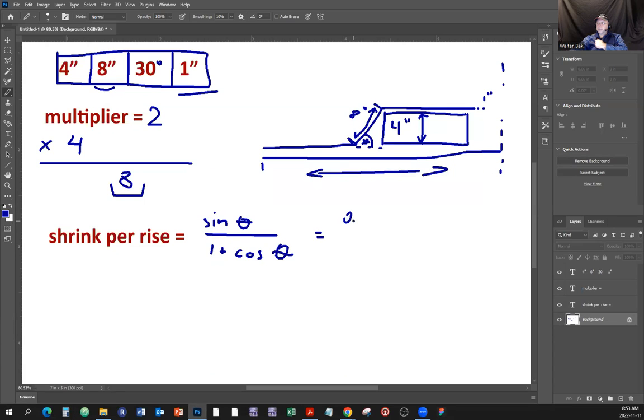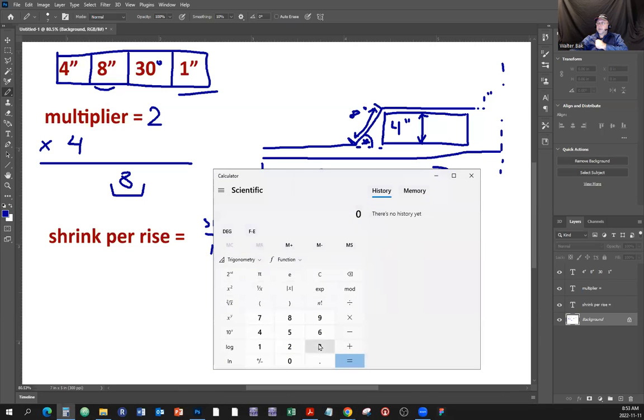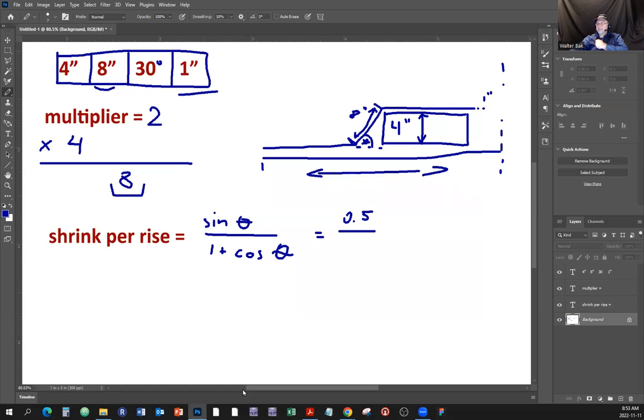So it goes 0.5 divided by 1 plus cosine. What's the cosine of 30 degrees? Sorry, I did something wrong.